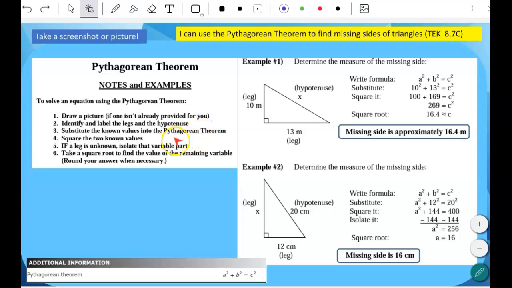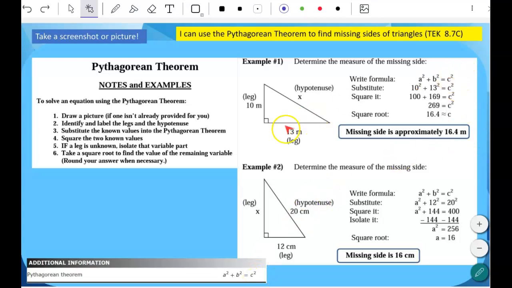Substitute the known values into the formula that you have. Square the two known values. If a leg is unknown, you're going to isolate the variable part and then take the square root to find the value of the remaining variable. Now this is on your STAAR reference chart, so you have that for your formula: a squared plus b squared equals c squared.